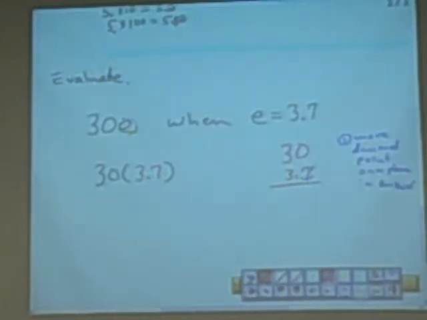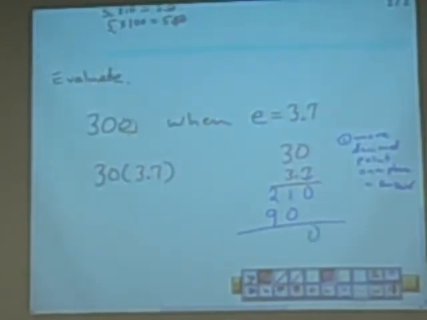So here we have 7 times 0 is 0. You've got to write that down. 7 times 3 is 21. And you still want to line them up. And then 3 times 0 is 0. And 3 times 3 is 9. So you're still multiplying as if there was no decimal point there. Okay? But what matters is the answer.